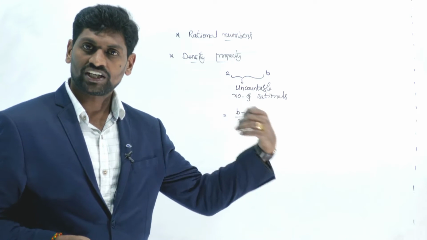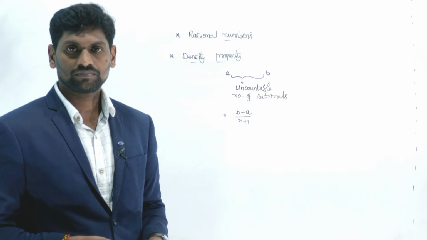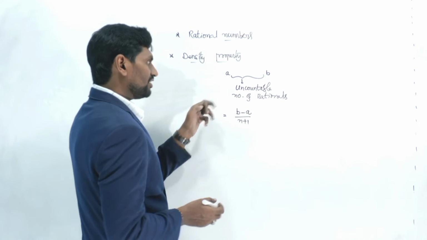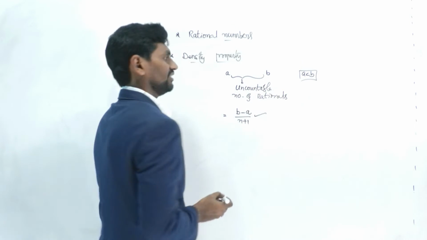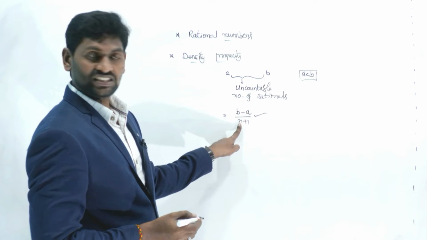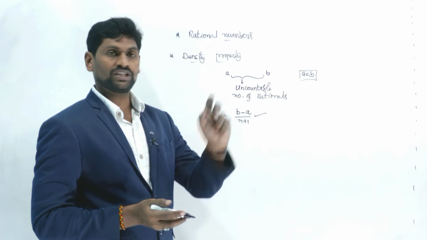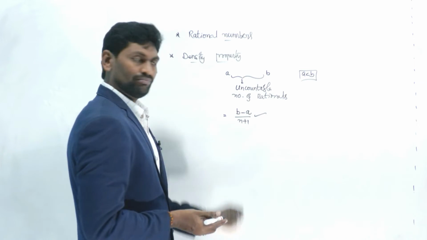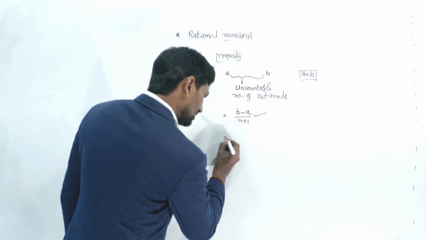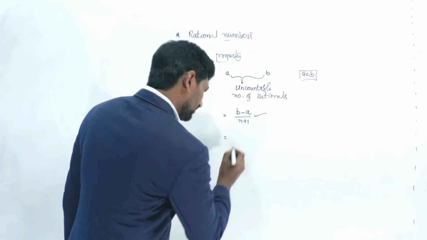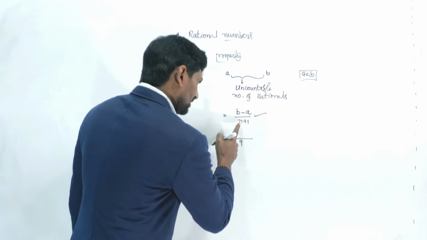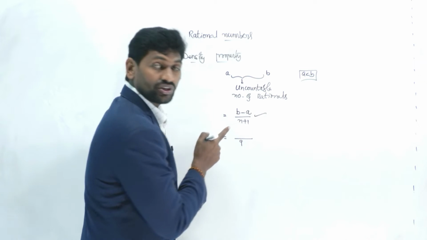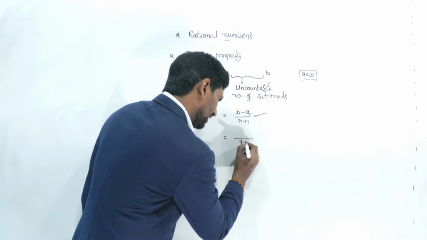We can take an infinite number of rational numbers between them. Okay? Here a value must be less than b, then only we can apply the condition like this. Here n is nothing but the number of integers between them. We want 9 integers between them, so in the place of n we should write 9. So 9 plus 1, 10.